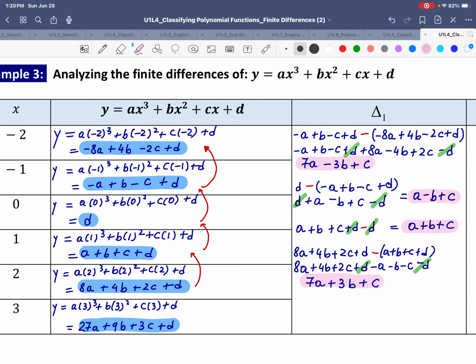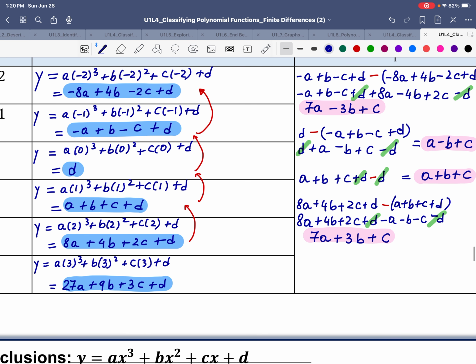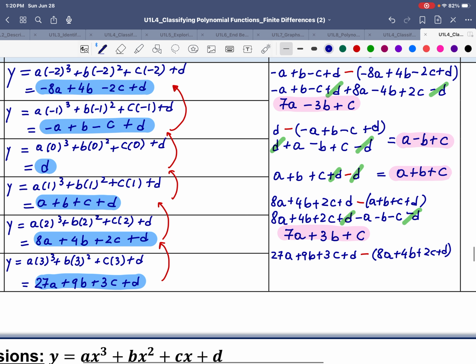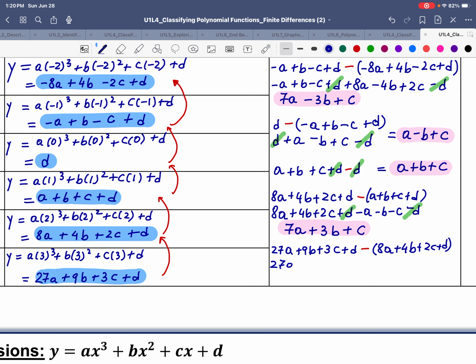And one more to go, and we're almost done for delta 1, for the first differences. So here we go. This time we have 27a plus 9b plus 3c plus d, and we are subtracting this big expression here, 8a plus 4b plus 2c plus d. Ooh, we made it. Now open up brackets, 27a plus 9b plus 3c plus d, and then subtract 8a, subtract 4b, subtract 2c, and subtract d.